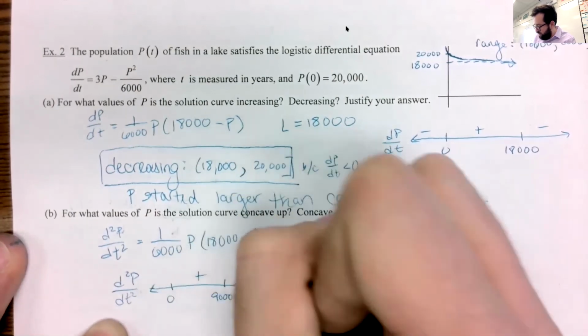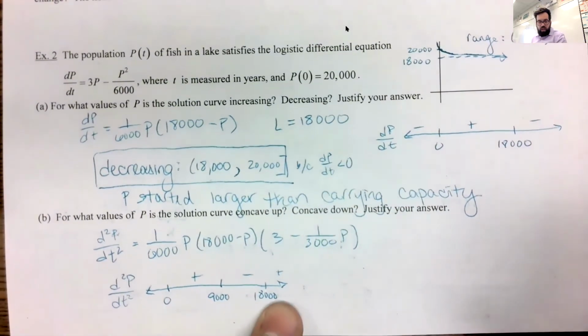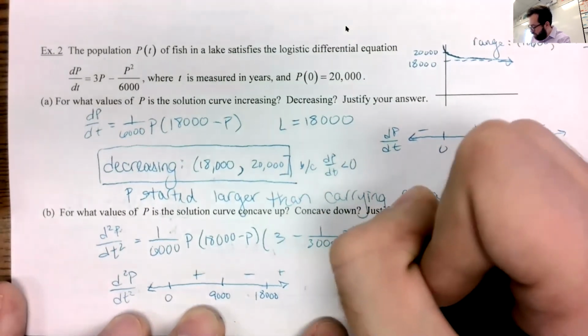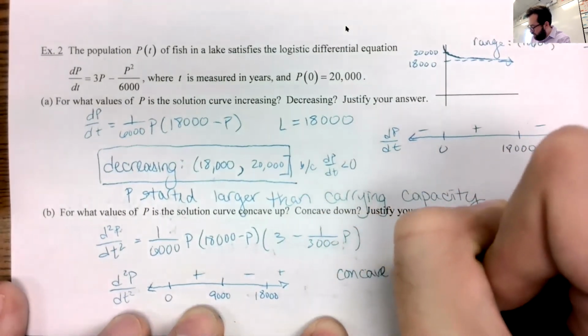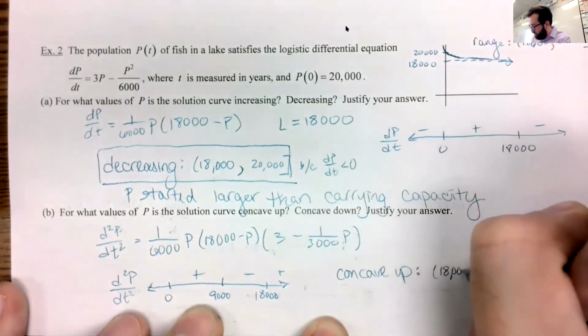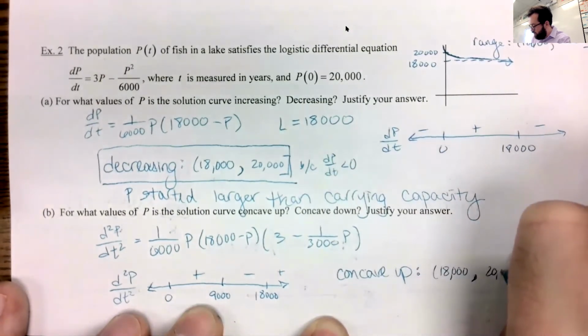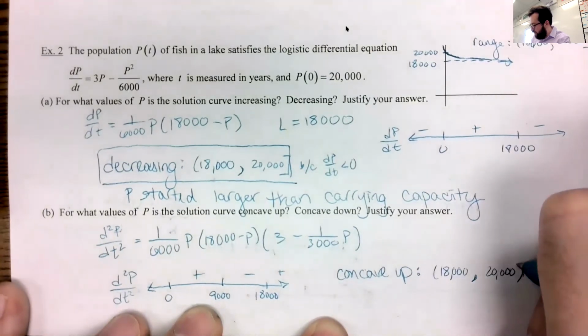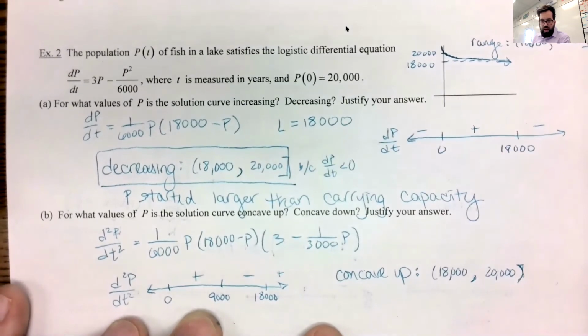It goes positive, negative, positive. So we're concave up for anything greater than 18,000. So it's going to be concave up for the whole region from 18,000 to 20,000. And since it's concavity, I'm not going to include the endpoint.